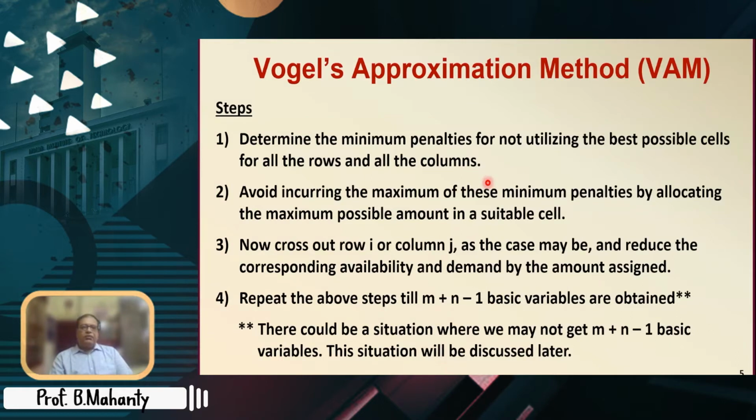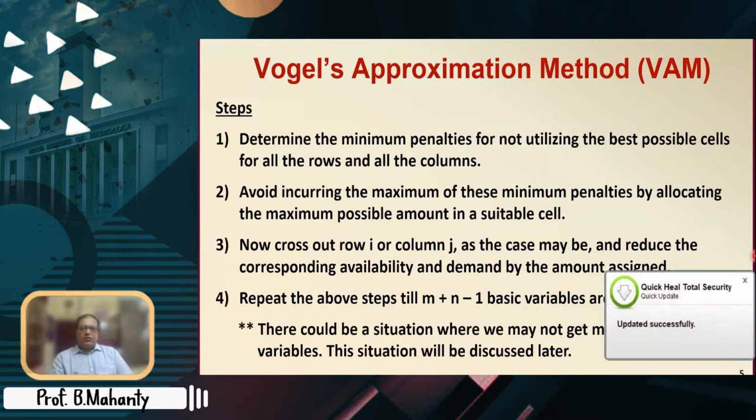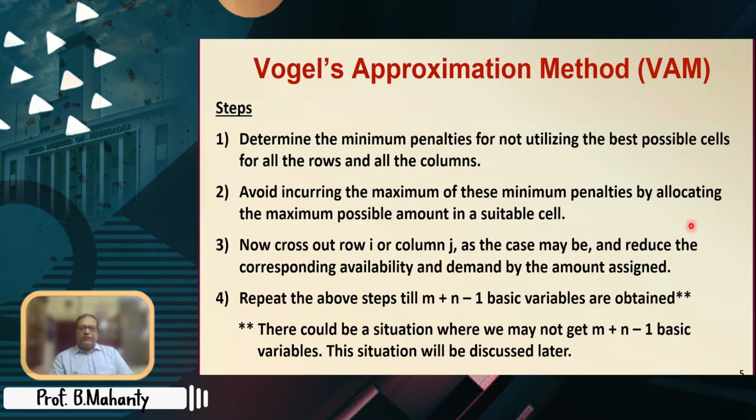Please read the rule number 1. Determine the minimum penalties for not utilizing the best possible cells for all the rows and all the columns. Right? So what is different in maximization problem? For utilizing the best possible cell, the best possible cell is no more the lowest value in a row or in a column.